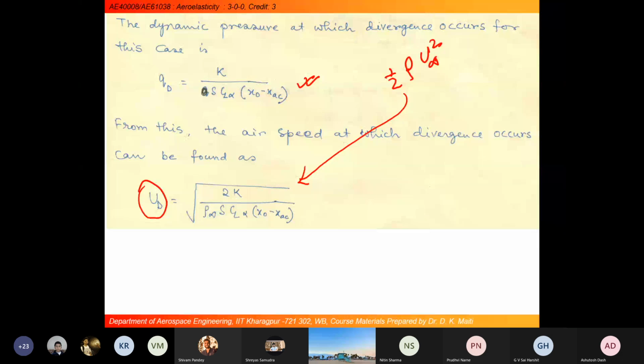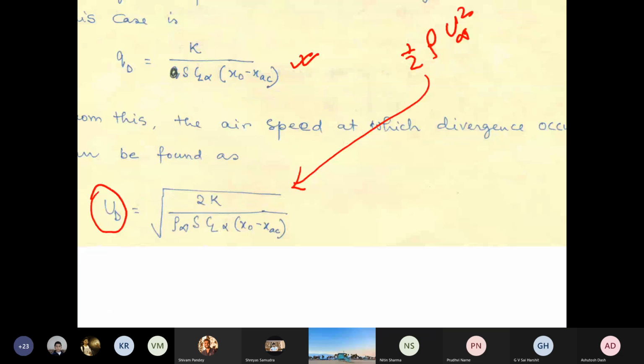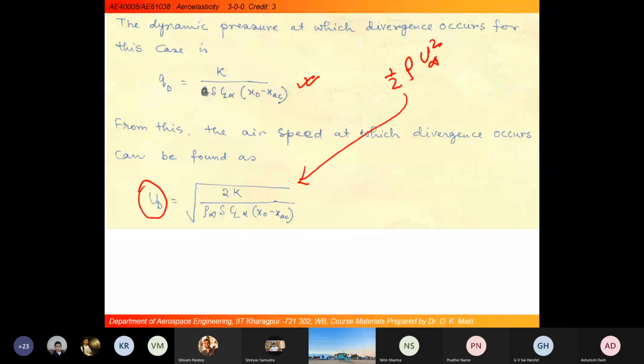This is the theoretical value. Once I know the value of K, the stiffness of the rod, the density at that altitude, the cross-sectional area of the aerofoil section, CL alpha, that is 2 pi in this case, and x naught minus XAC, then I can find the theoretical value of divergence speed.